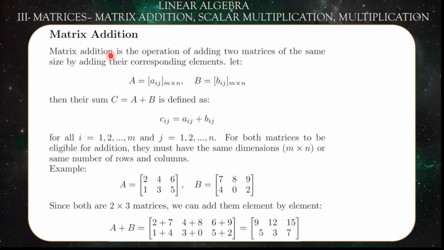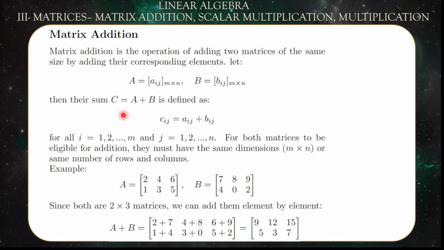Matrix addition. Matrix addition is the operation of adding 2 matrices of the same size by adding their corresponding elements. So let A be equal to (a_ij) of size m by n, B equal to (b_ij) of size m by n.